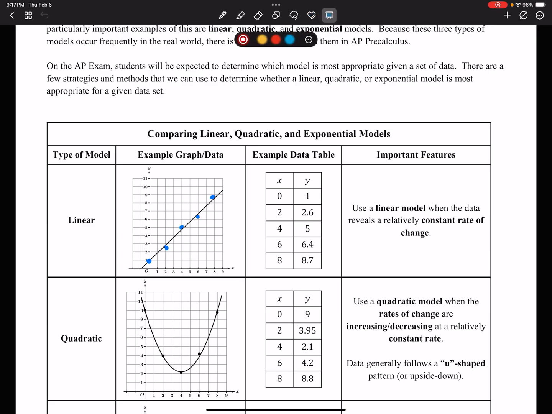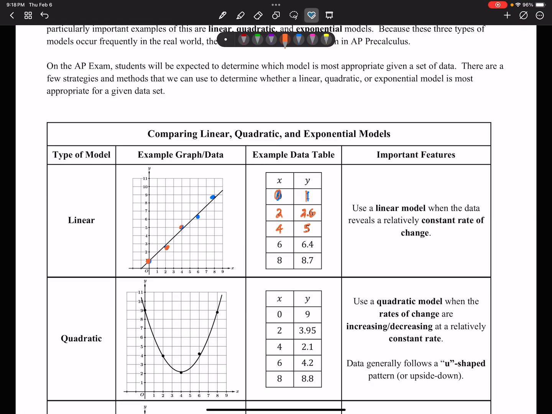Or perhaps they give you these blue dots as ordered pairs. So 0, 1 is right here. So you could look at the data numerically, or you can look at it graphically.